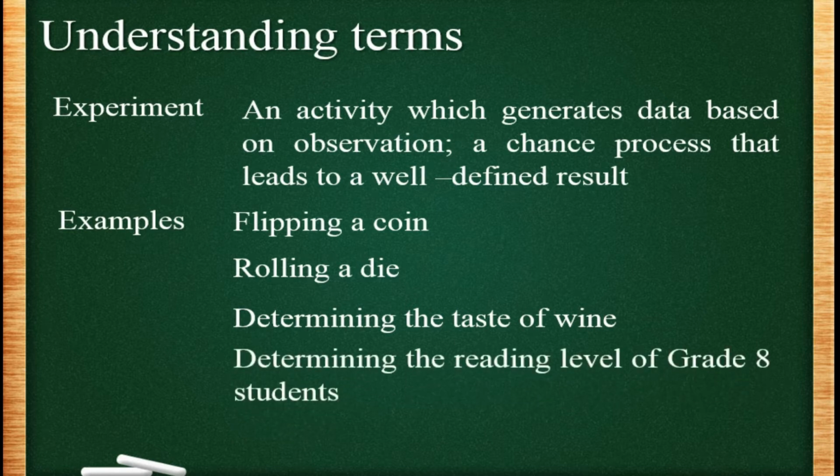In the classroom, an experiment would be determining the reading level of grade 8 students, where each student is asked to read a given passage. These are examples of experiments where data is generated.